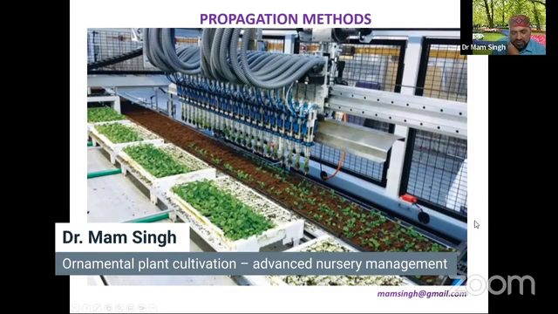As you know, a large number of ornamental plants are grown either by cuttings or by seeds. These are replanted in pots or containers again. To apply these methods on a larger scale, there are robotic machines.